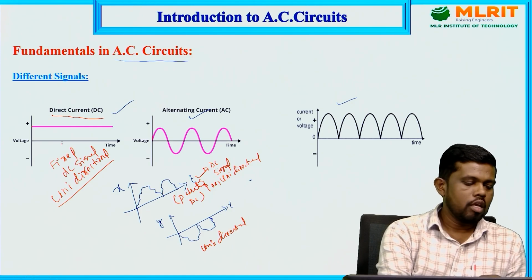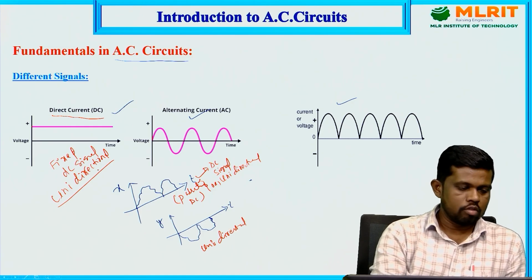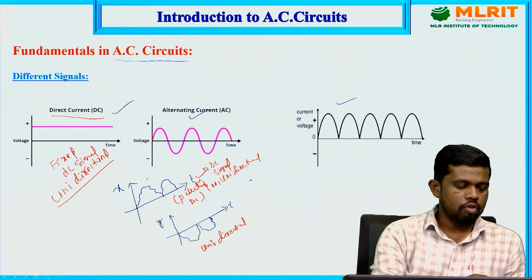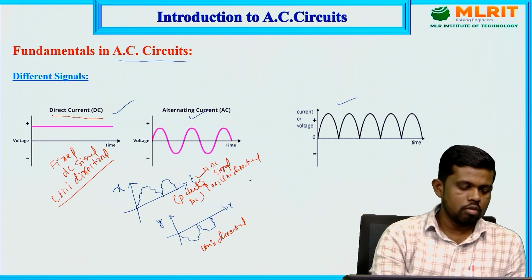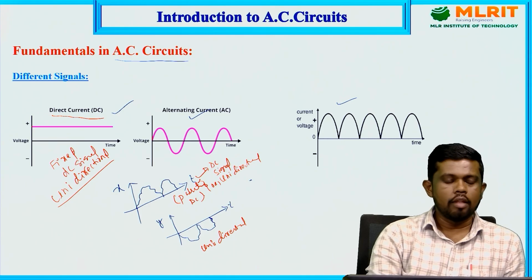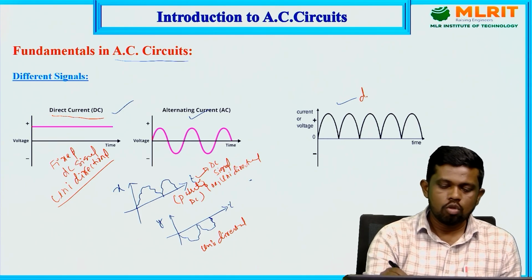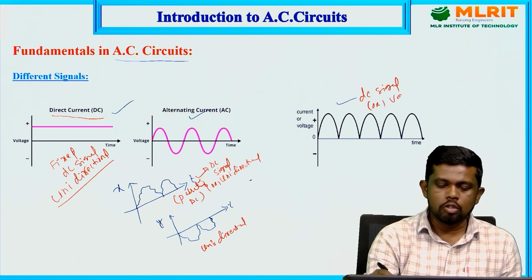Here we have drawn 5 signals. From the 5, we are going to consider 3 signals under the category of DC, and this one also is a DC signal only, a variable DC, or we can say pulsating DC.